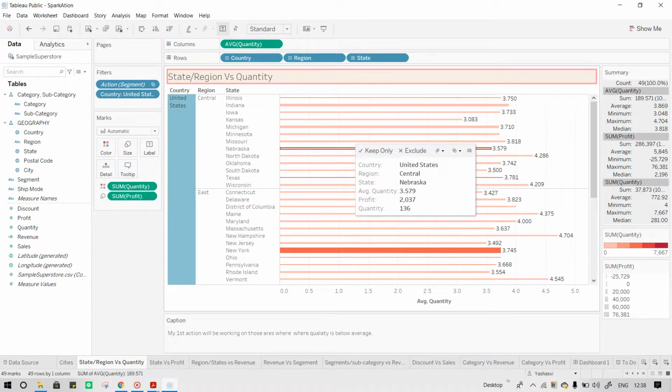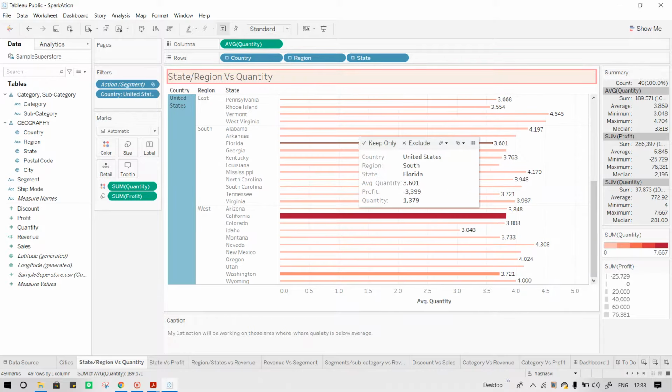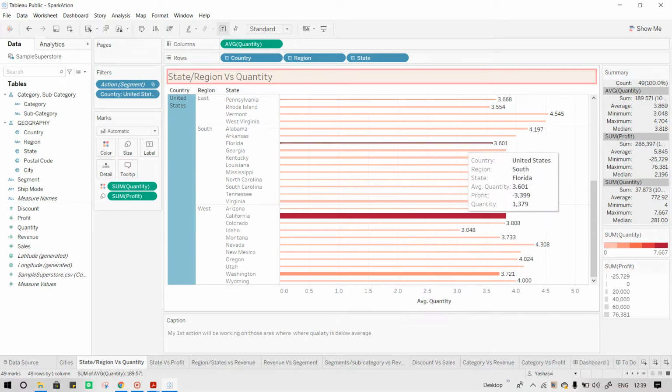In this data, I've calculated quantity versus region. We can see that the average is 3.869. So all the city stores which are below this number will be my first call of action. We'll be working on these.